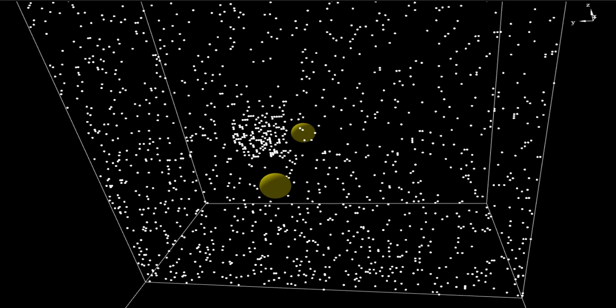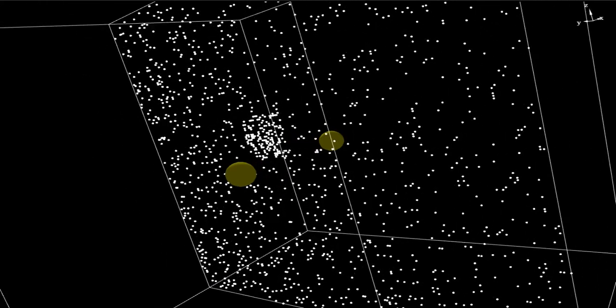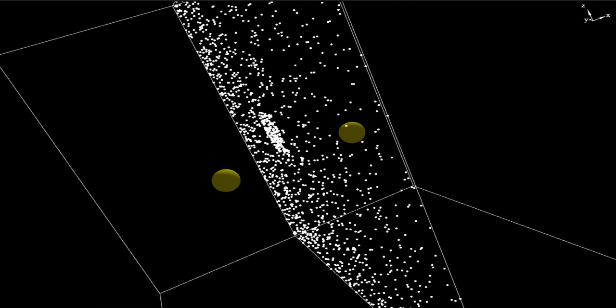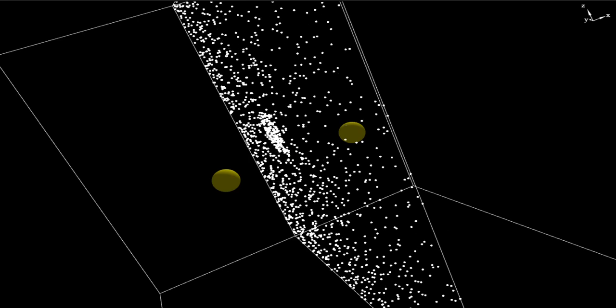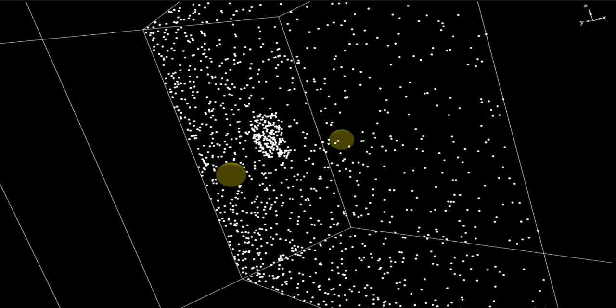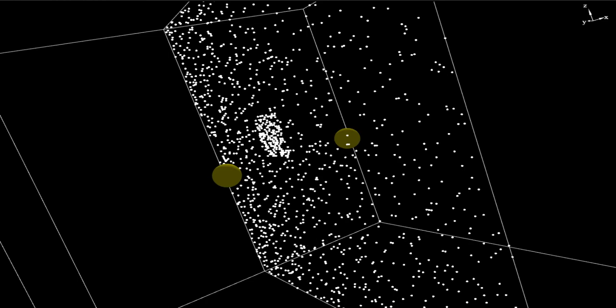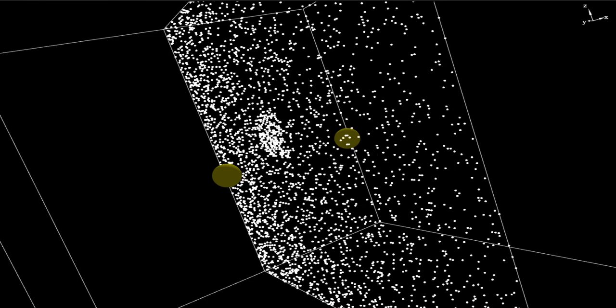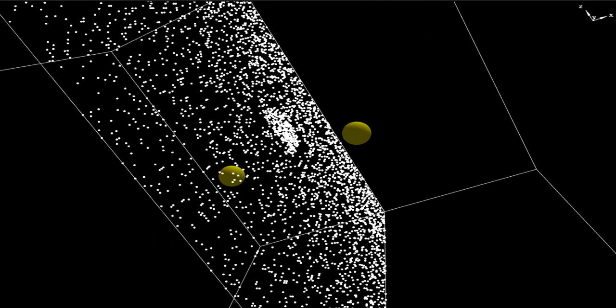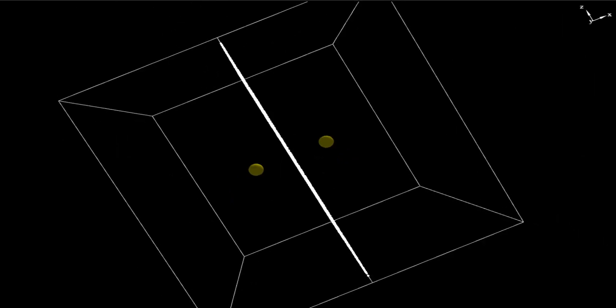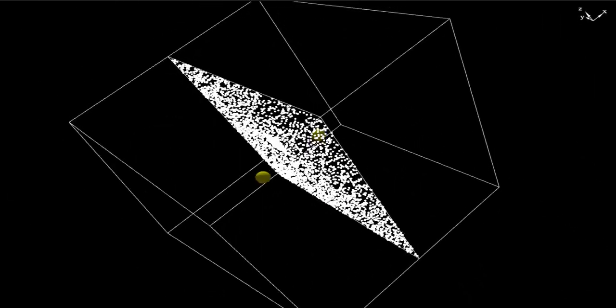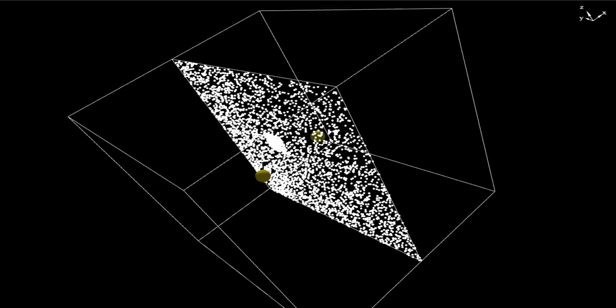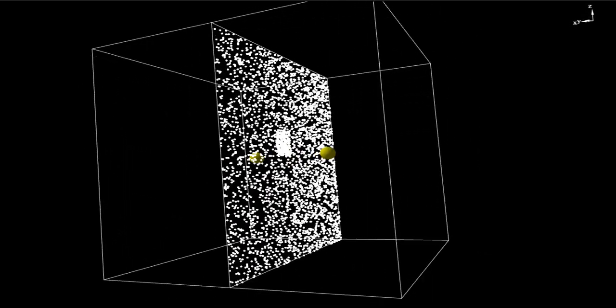The dipole axis which connects the two charges should pass through this plane. And I can make it more distinct. Now the equatorial plane is much more visible. Let me just zoom out and show you, so that your imagination may catch more of an idea.